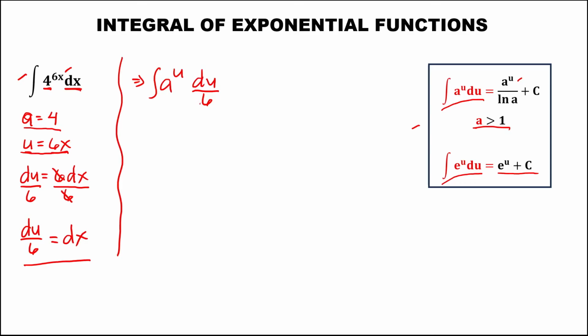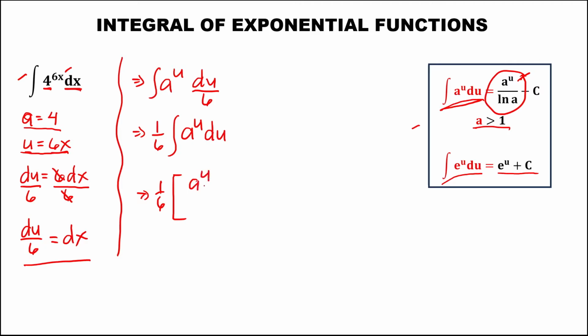Then we need to put this denominator 6 outside, so this becomes 1 over 6 times the integral of a to the power u du. So we can use this formula. This is equal to 1 over 6 times a to the power u over ln a, plus c.